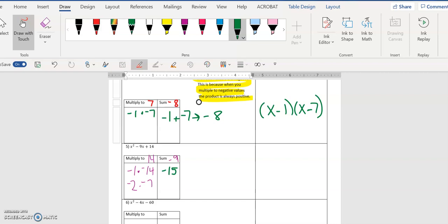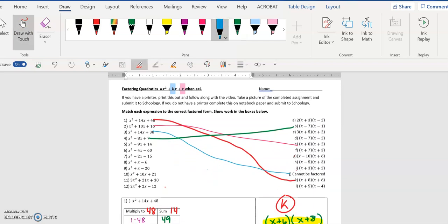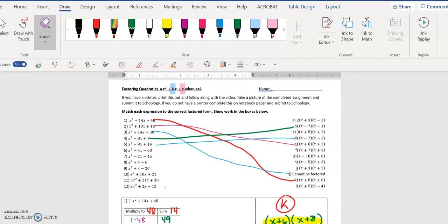Negative 2 plus negative 7 is negative 9. So we're at x minus 2, x minus 7. Letter D. Again, it doesn't matter what comes first, the 2 or the 7. Signs are the same, it matches.